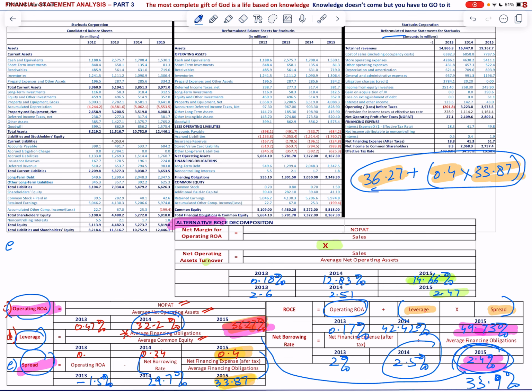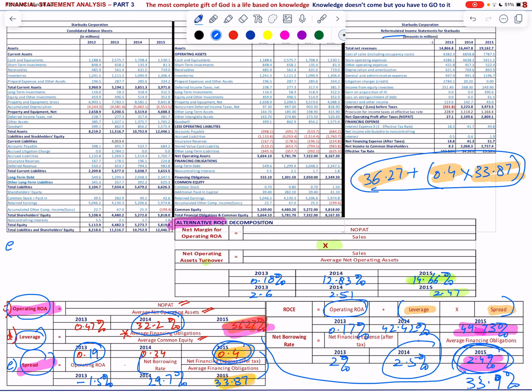Over the years, as you can see, Starbucks has increased its leverage gradually. For the year 2013, the leverage was 0.19. It has gradually increased from 0.19 to 0.40 in the year 2015.